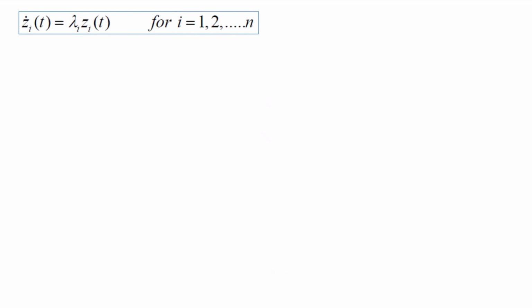So in the last class, we chose a new state vector corresponding to each of the eigenvalues. By substituting, we found this new state space model: Zi dot is equal to lambda i Zi(t), for i equal to 1 to n.